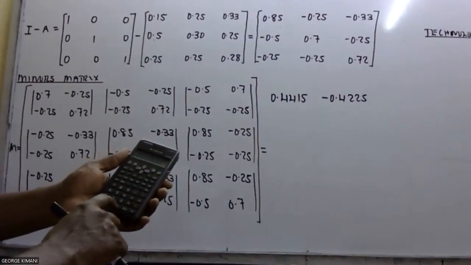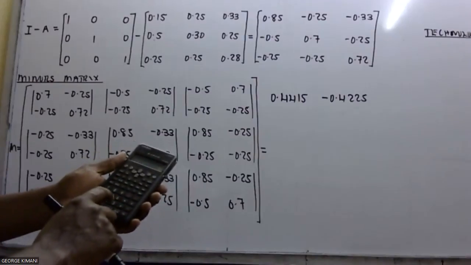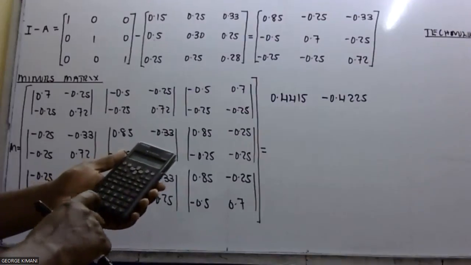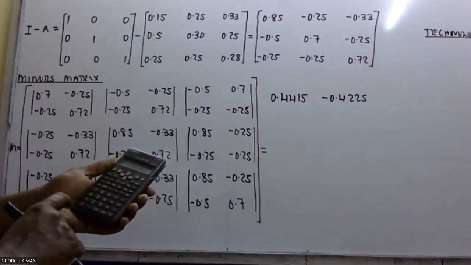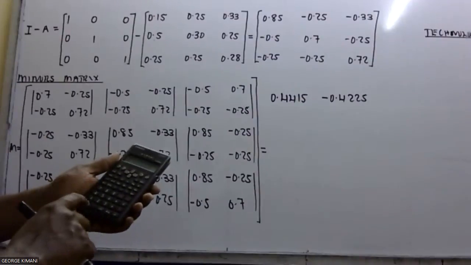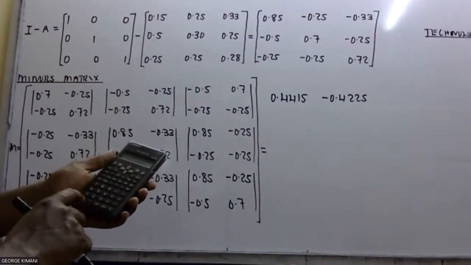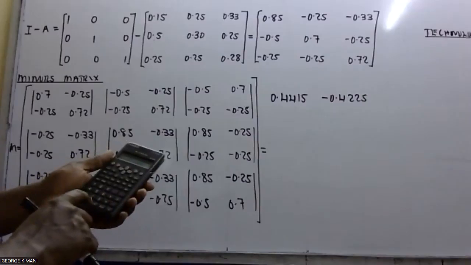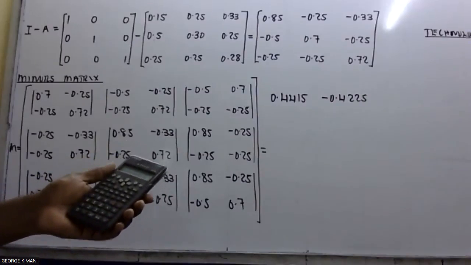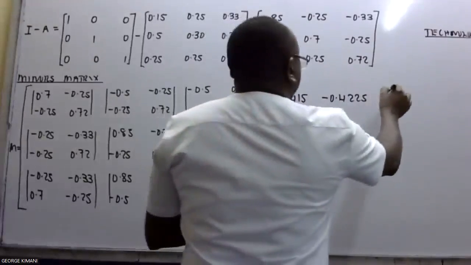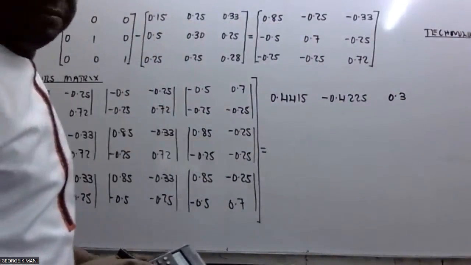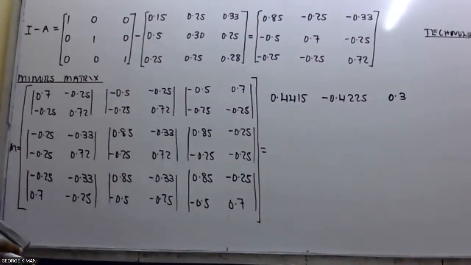Same, minus 0.5 times minus 0.25. Yes. Then minus 0.7 times minus 0.25. 0.3. Yes, 0.3. Okay. Good. We are okay here.